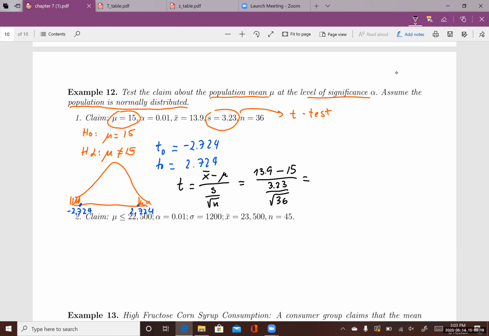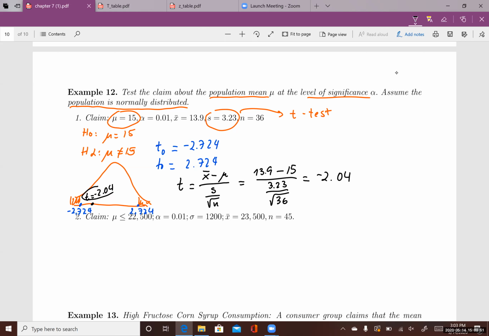Let's see. Negative 2.04 if I round it to 2 decimal places. So negative 2.04, this is the t value, and negative 2.04 should be here, right?